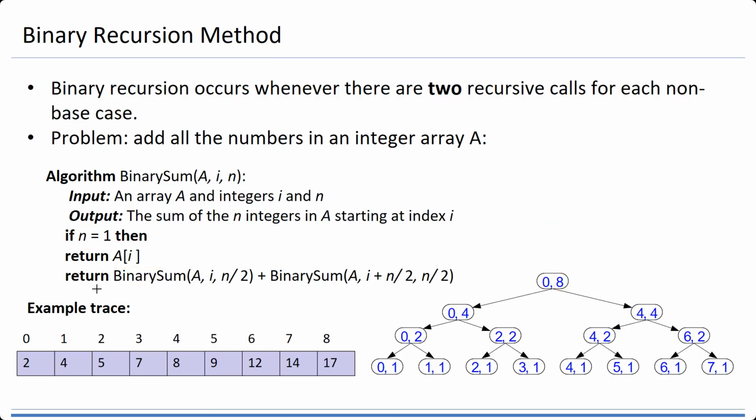Now we do it with the recursion. We call this binary. So what is binary? There are 2 options. So here we have 2 functions. The first function, on the left, the binary sum, will be A, comma I, comma N divided by 2.